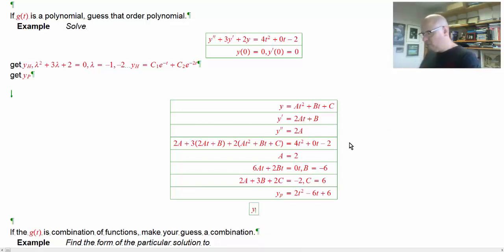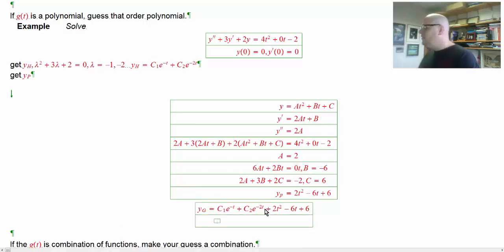So let's find the general solution. The general solution is just the homogeneous solution plus the particular solution. It's this general solution, the two pieces added together, where I sub in the initial conditions.